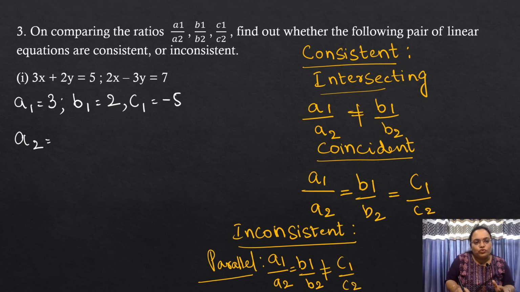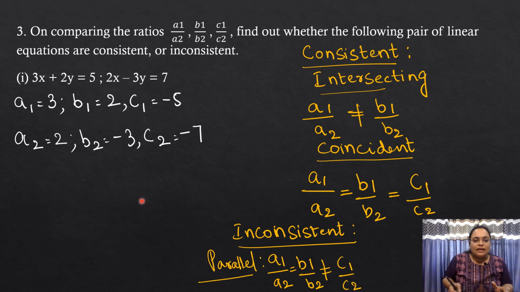A2 is equals to 2, B2 is equals to minus 3 and C2 is equals to minus 7. Here I am just taking 5 and 7 to the LHS and converting these two equations into general form. Now take the ratios. A1 by A2 is equals to 3 by 2.